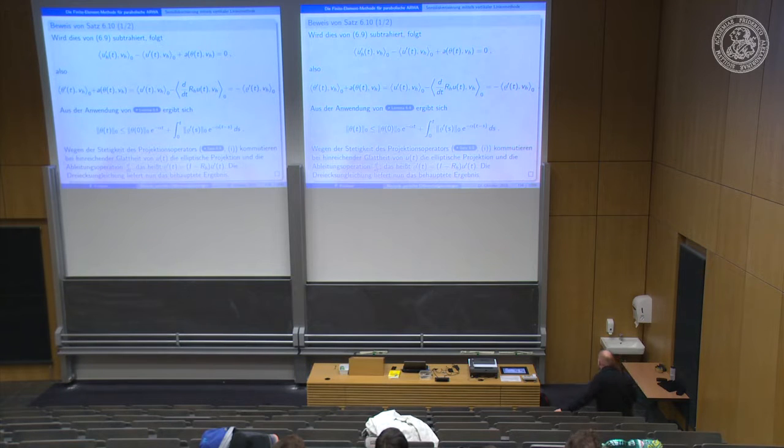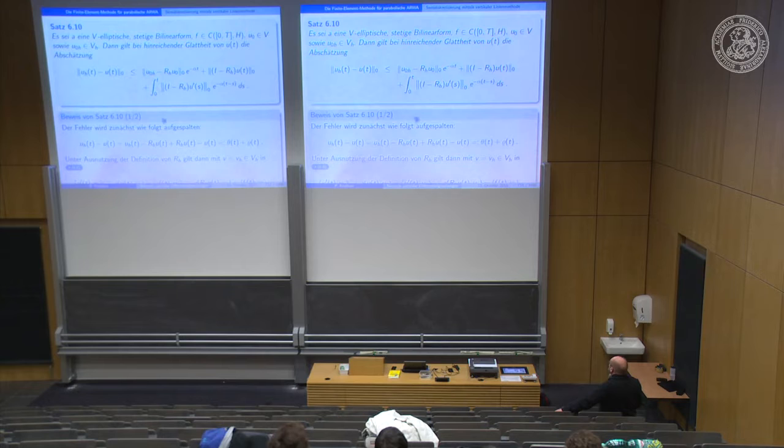And here, that is where I pointed to the wrong line in the proof. At this place, we need the exchangeability of the time derivative and the Ritz projection applied to a time-dependent function. Because what do we have here? By definition, we have the time derivative of rho, and rho is this part here.